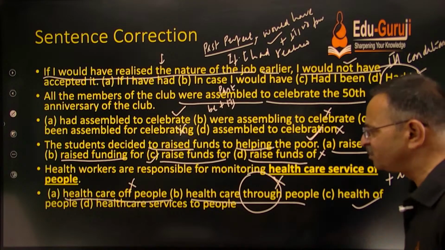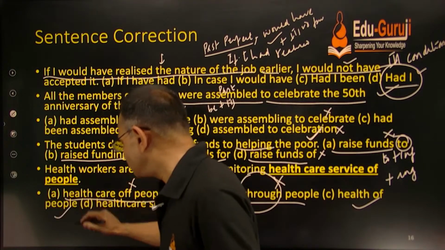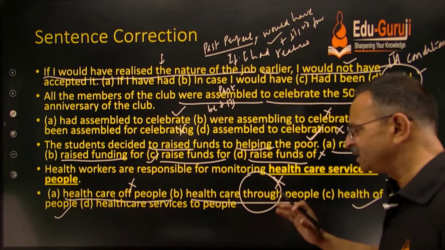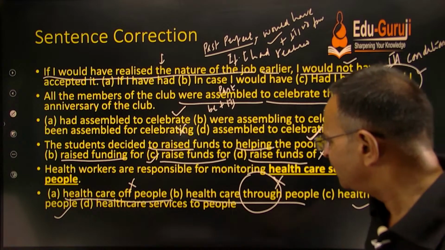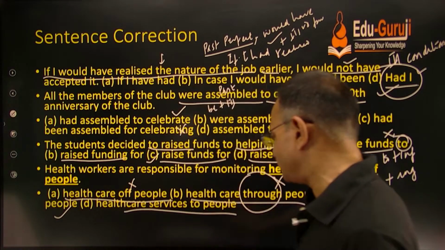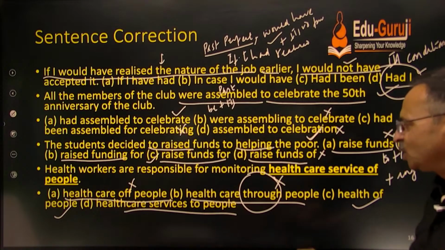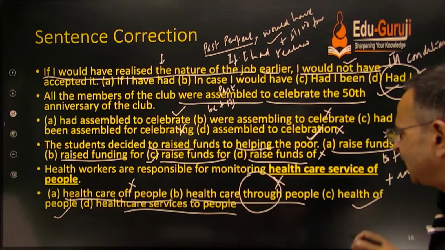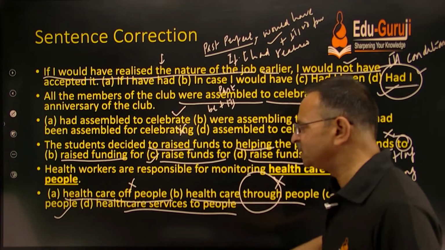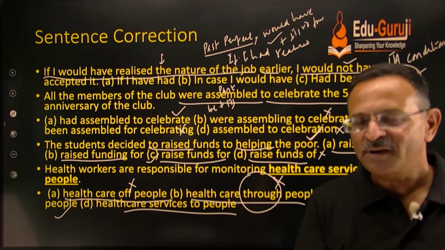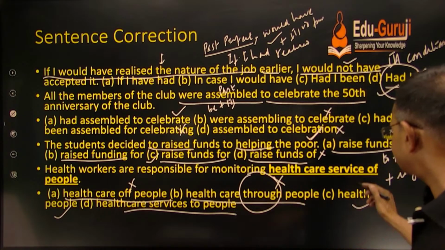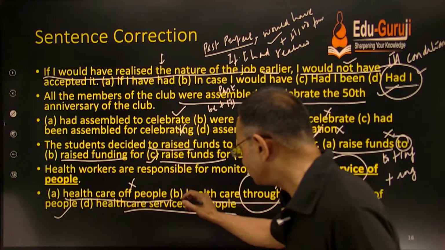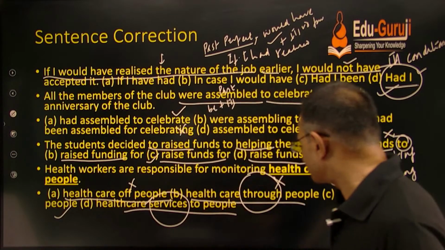Health of the people, yes, there we could have taken it. Let's say we keep it. Then you have a healthcare service to people, right? So now the question is "of people" and then "services to people." We have a service and we have services also here.